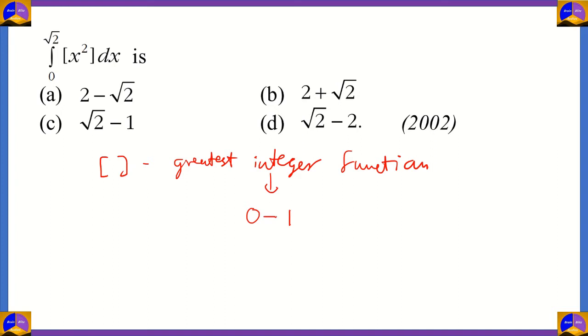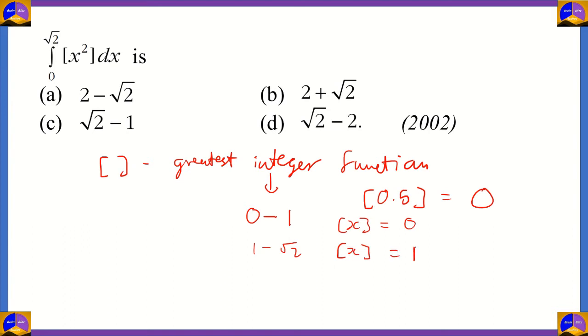If you have a value, say 0.5, inside the greatest integer function, the value of that function will be equal to 0 because 0 is preceding that number. So for the range 0 to 1, the greatest integer function of x is equal to 0, and from 1 to root 2, the greatest integer function of x will be equal to 1.